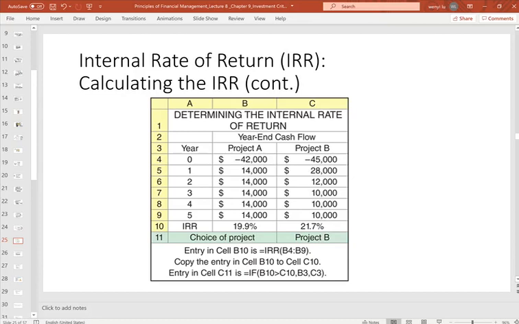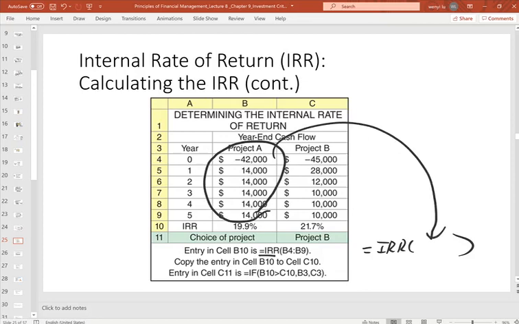You can also try this in the Excel sheet. Use the IRR function, so equal IRR, then select all the cash flows into the bracket. Now we will not exclude the cash flow at time zero; it's also in the bracket, because you want to make all the cash flows break even, so it includes the cash flow at time zero.